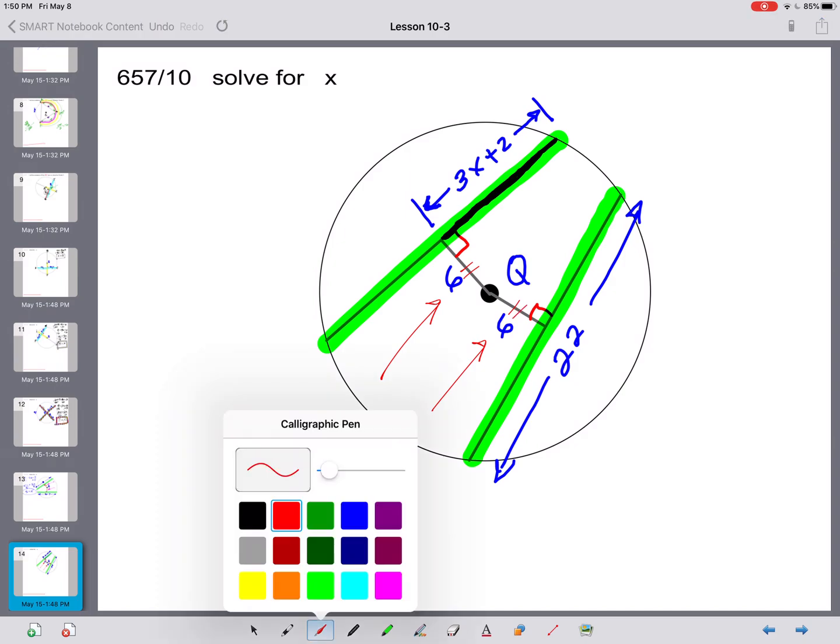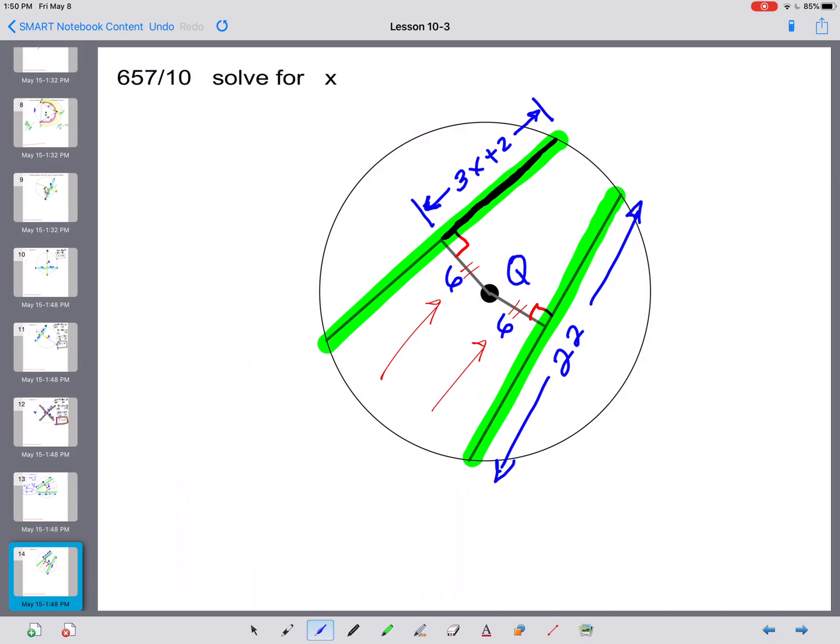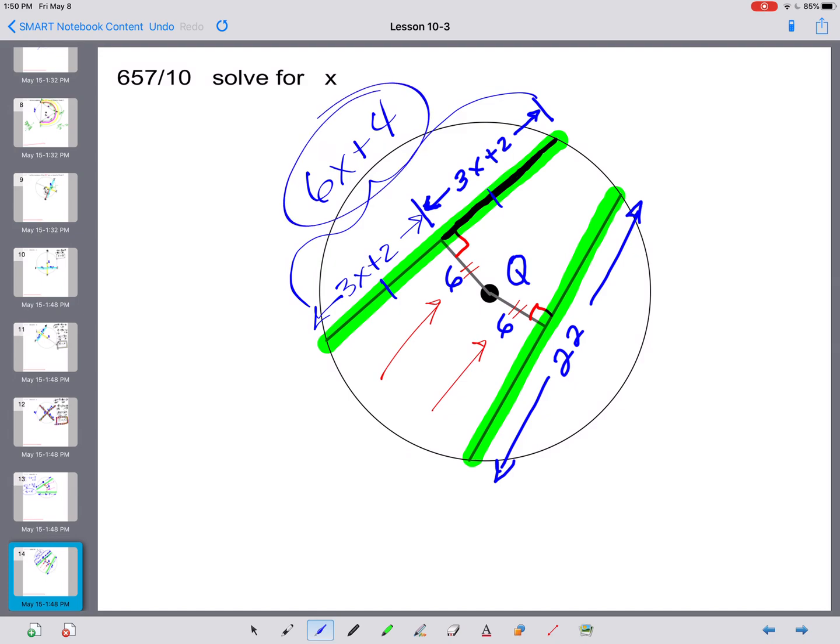Here's one way to do it. If this is 3x plus 2, so is this. 3x plus 2. Okay, now, what's the whole chord going to be then? You got 3x plus 2 and another 3x plus 2. Put them together. Yeah, I got 6x plus 4. That's got to equal 22.